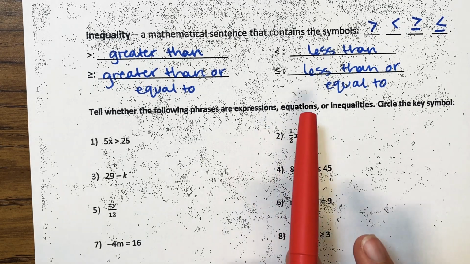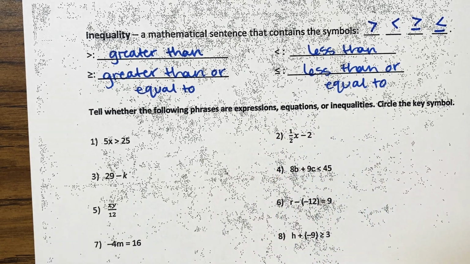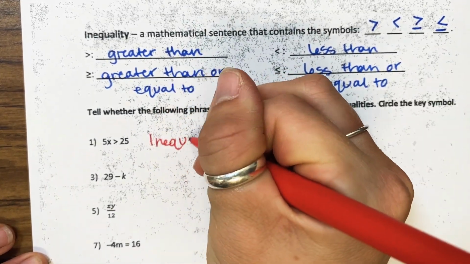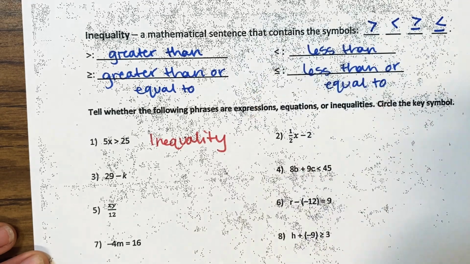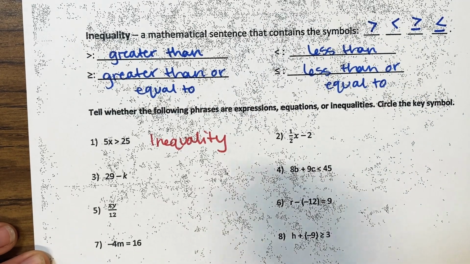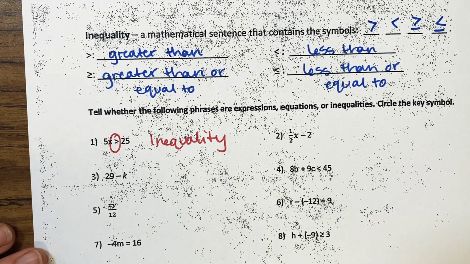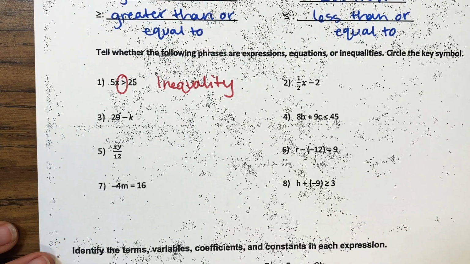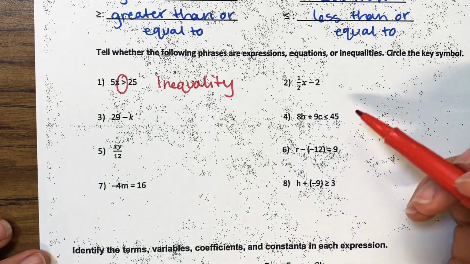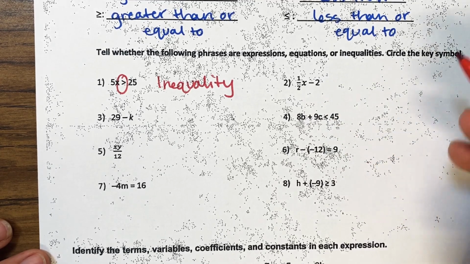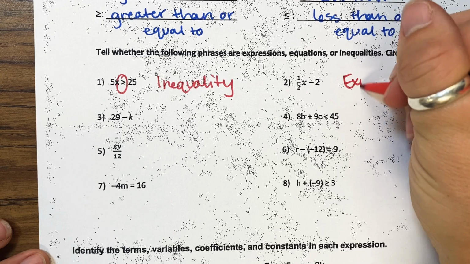An expression, an equation, or an inequality? This is an inequality, because we see that sign right there, that tells us inequality. Number 2, what is this one? It is an expression, nice.